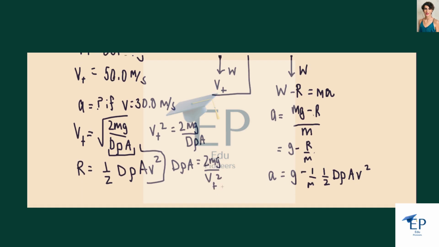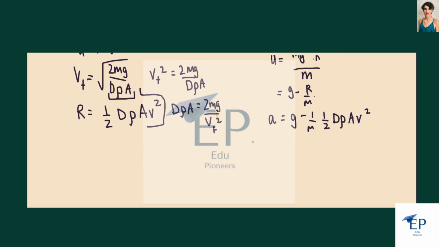So now we can sub in for D rho A. Then we get a equals g minus 1 over m times 1/2 times 2mg over vt squared, and now we want to multiply by the actual velocity squared.